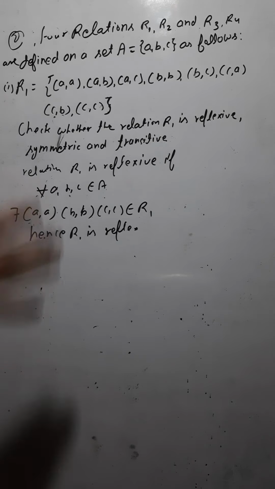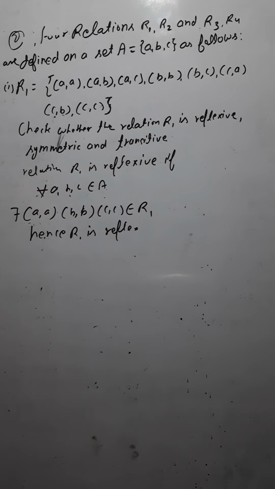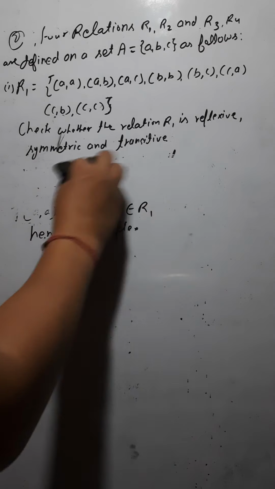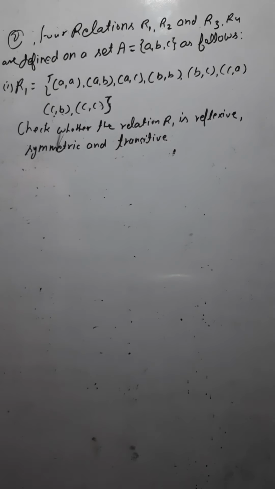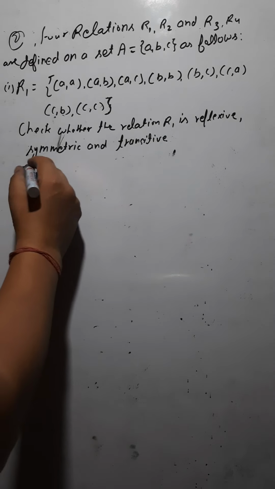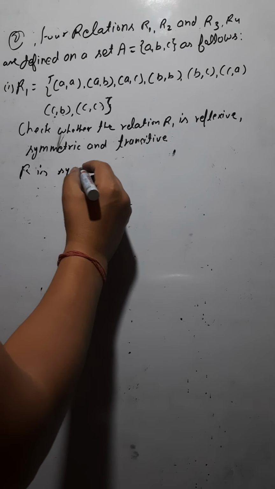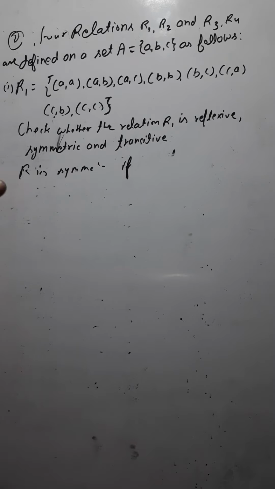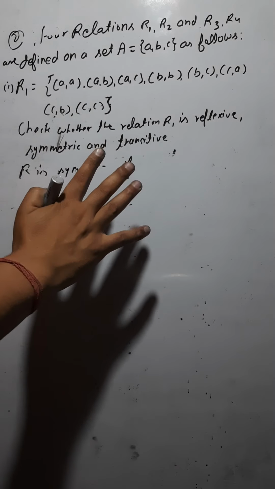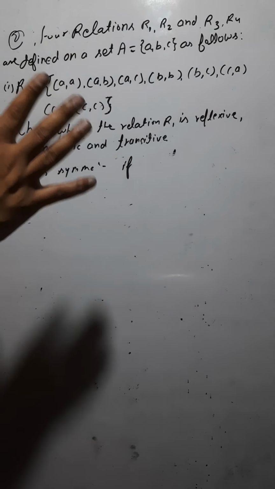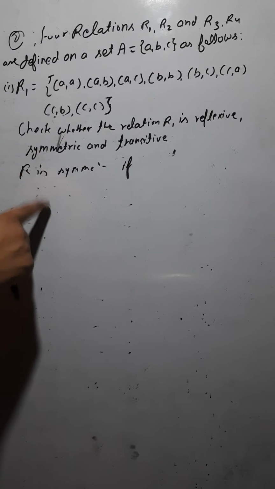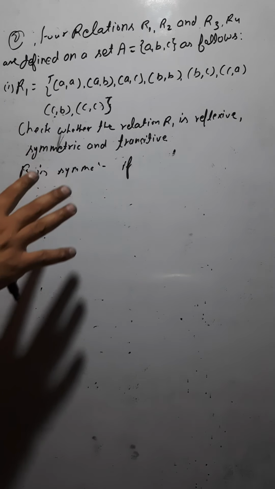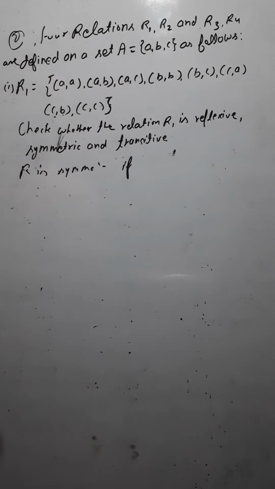Now similarly you would check whether the relation R1 is symmetric or not. R is symmetric if you are taking any two elements. It is not for all. Remember this: for symmetry you can take any two elements at random.